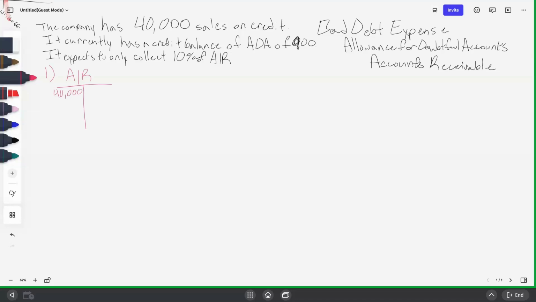We know our ADA has a credit balance of 900. Something to note, always look at what this is, because sometimes it may say a debit. And if it says a debit, you just alter accordingly.